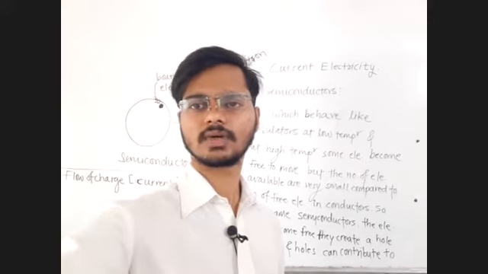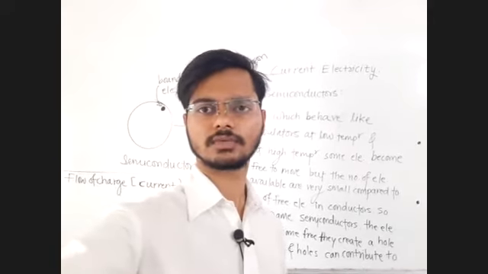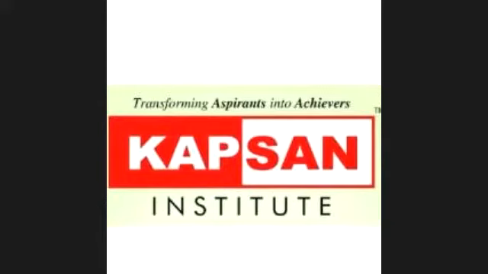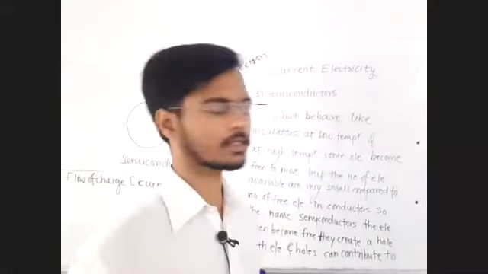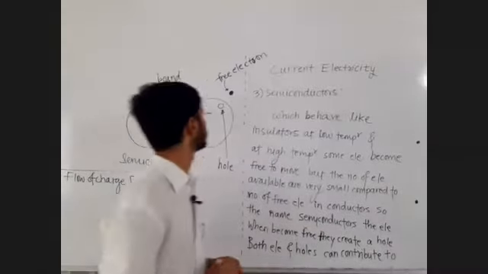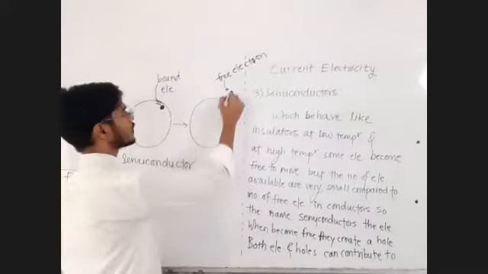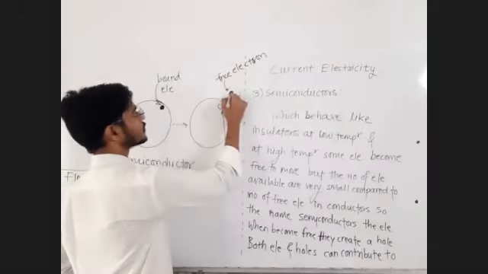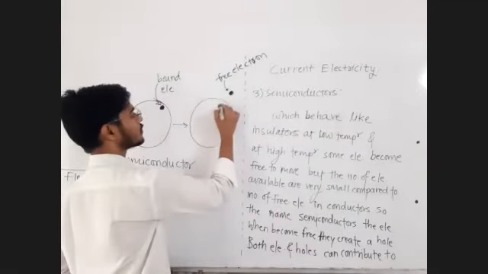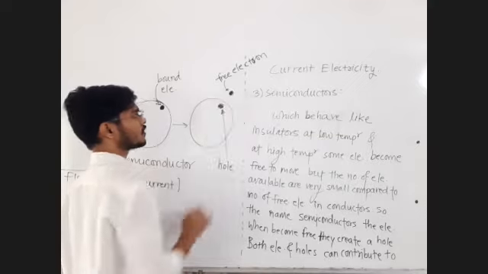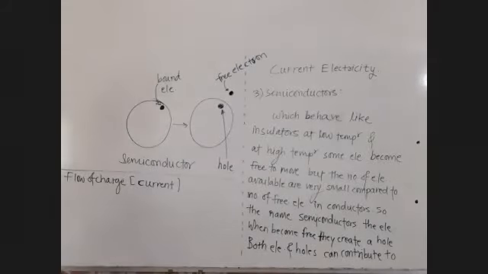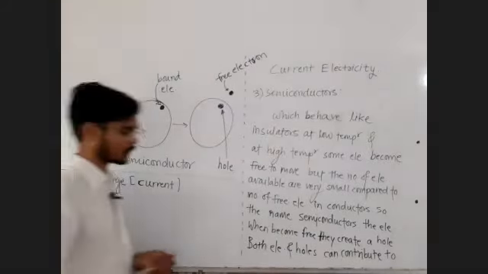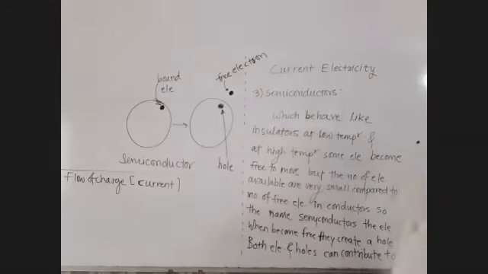What if the electron comes under the influence of some other atom? It has sufficient energy. If this electron has sufficient energy to break the influence of this atom, it will be free from the influence of any other atom also. Okay, no need to worry about that. It is not a bound electron, it is a free electron.